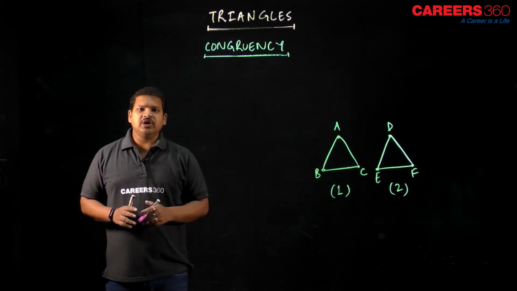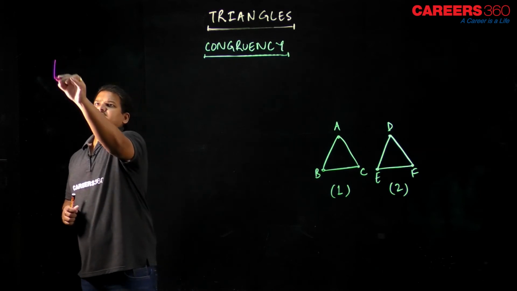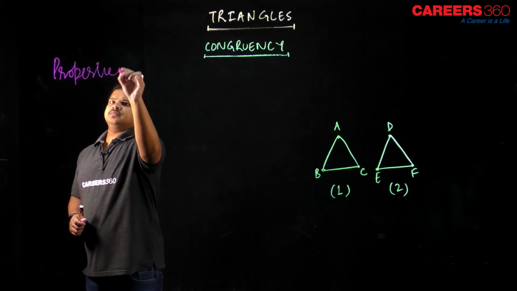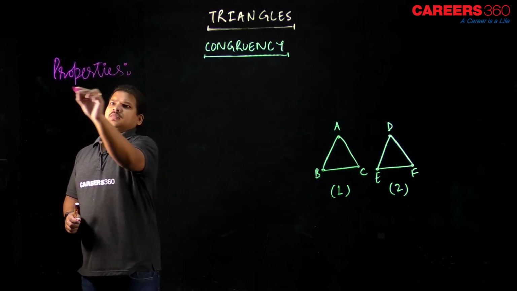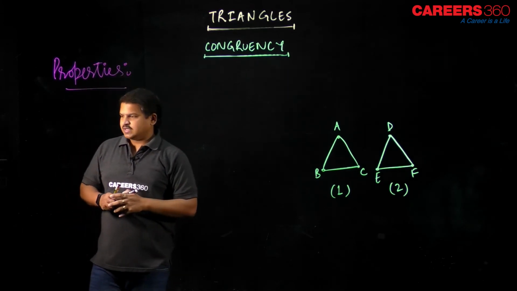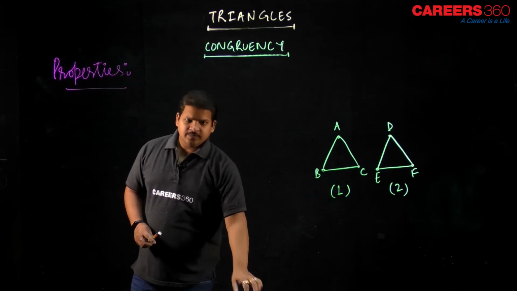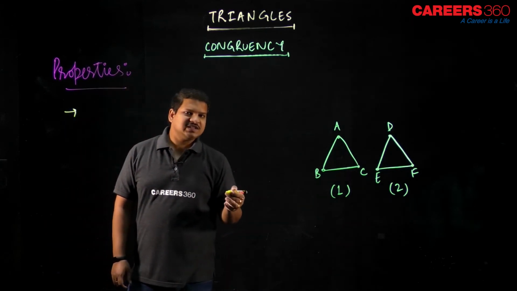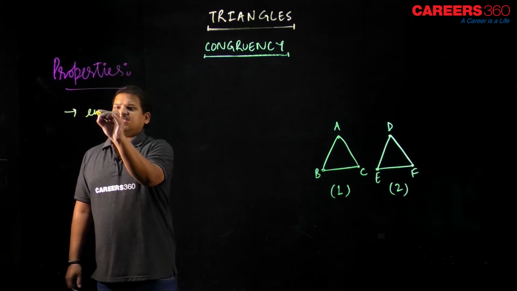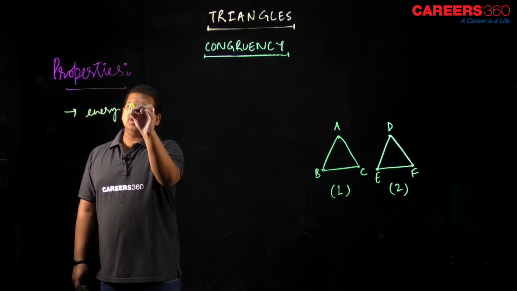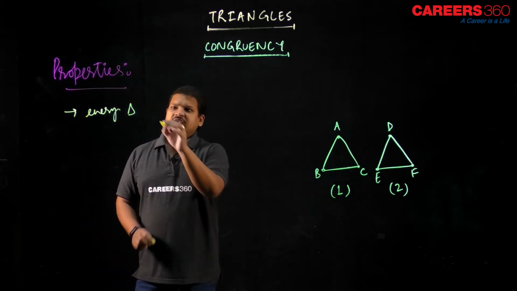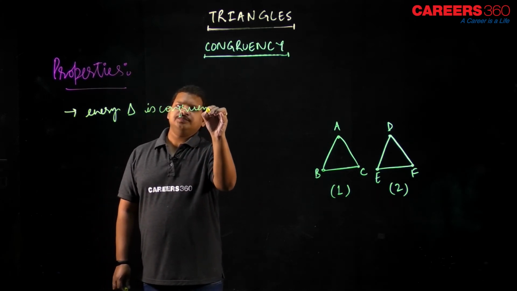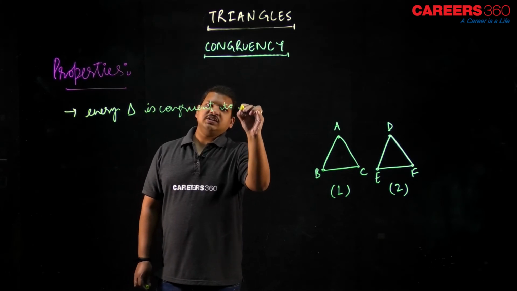Now let us have a look at some properties of congruencies. What are its various properties? The very first property is that every triangle is congruent to itself.